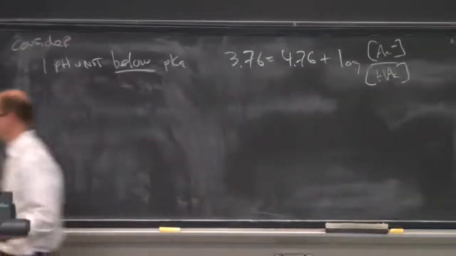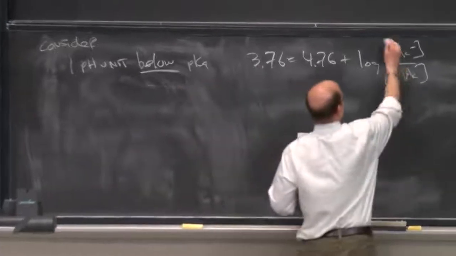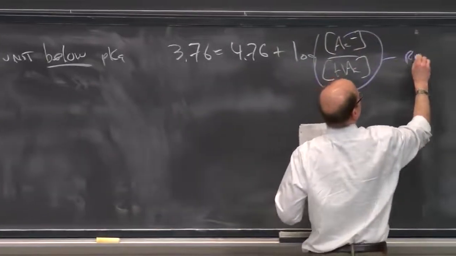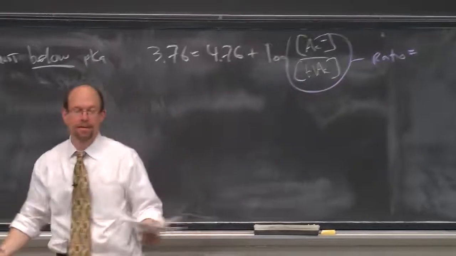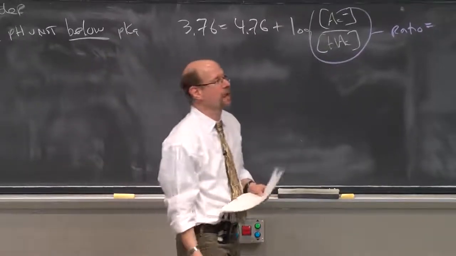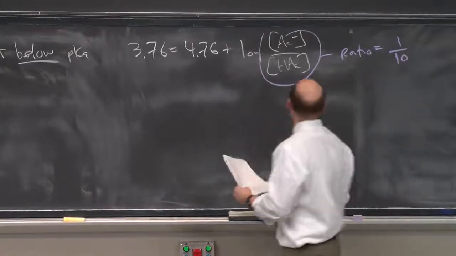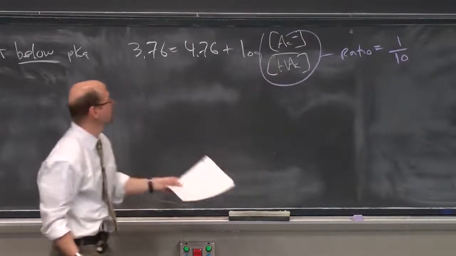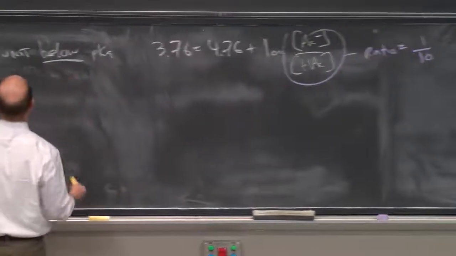And once again, you're going to tell me what the ratio of this must be. So what's the ratio equal to? I can't hear you. 1 to 10, right? Because last time I checked, the logarithm of 1/10 is minus 1, and 4.76 minus 1 is 3.76.